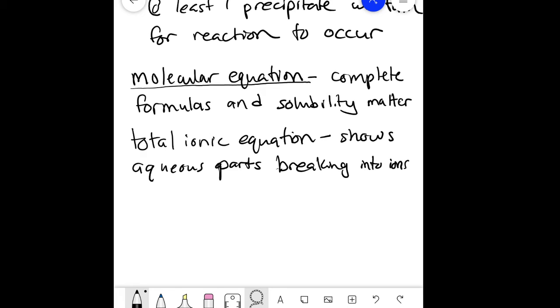So this shows what's happening within the reaction. It shows how the double displacement works, how we get the cations and anions to switch over.